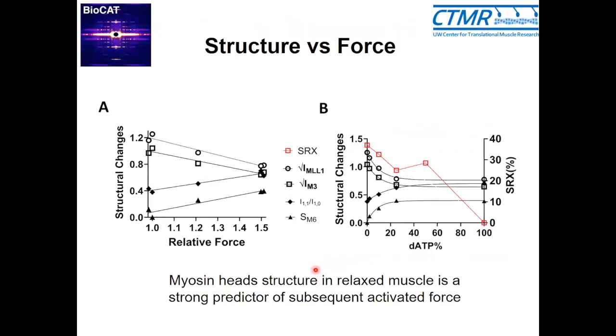So if we do another plot, we plot the structural change against the relative force. You see a nice linear relationship between the structural change and the force. And also you look at it here, definitely there's a difference in structural change compared to the biochemical SRX/DRX population change. So our conclusion was that muscle head structure in relaxed muscle is a better or stronger predictor of subsequent active force.